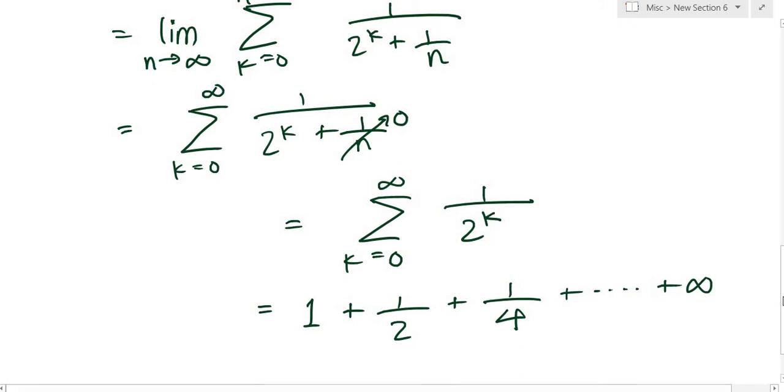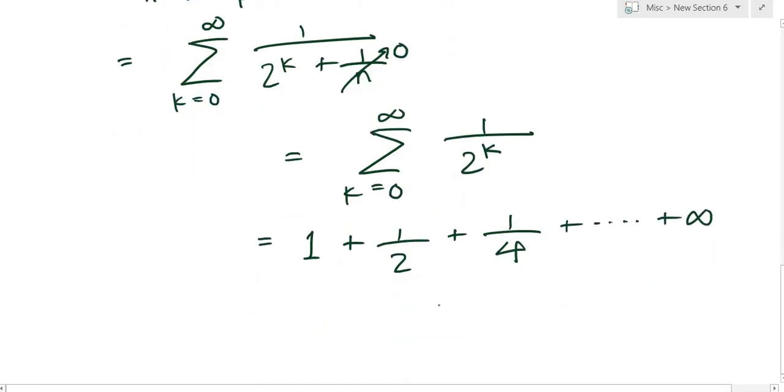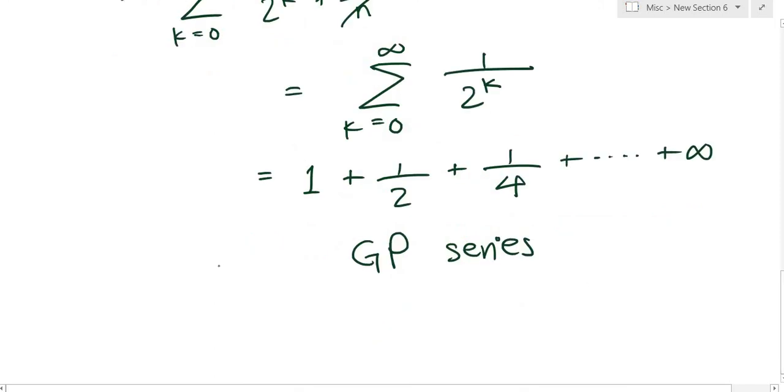Well, what does this look like? Yes, that's right, a geometric series. An infinite geometric series actually. So let's evaluate this geometric series on another page.